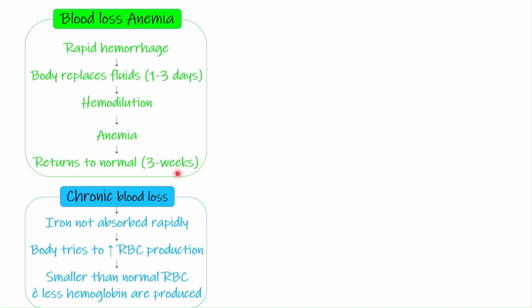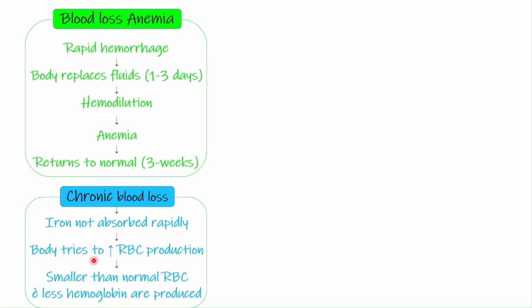Now, if there is chronic blood loss, where the bleeding continues from one part to another, for instance, some GI cancers or continuously bleeding ulcers or hemorrhoids, in that case, the iron is not absorbed as rapidly as the blood is being lost.